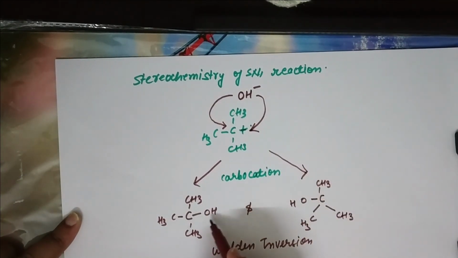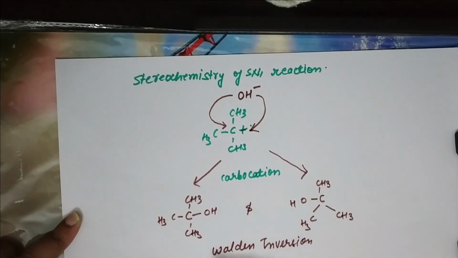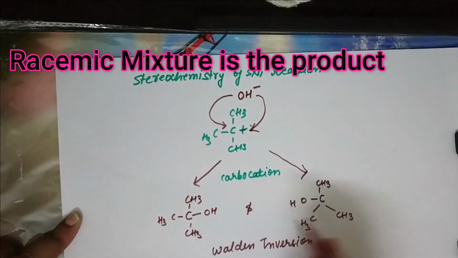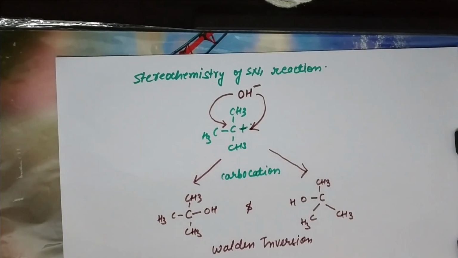In the first case the hydroxy group attached on this side, and in the second case the hydroxy group attached on the back side of the carbon. Because of that, the configuration has been changed. This term is known as Walden inversion. So you will get a mixture of these products in the SN1 reaction.